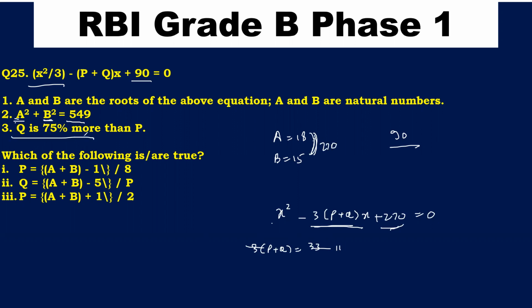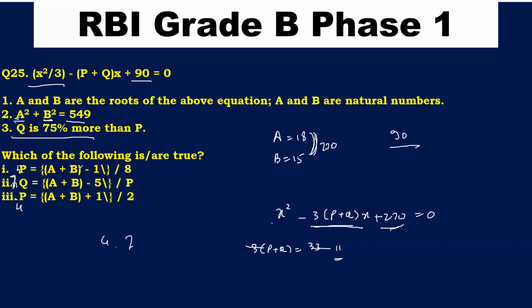And q is 75% more than p. So p is 4, q will be 4 plus 3, that is 7. That's why the sum is 11. So P is 4, Q is 7.